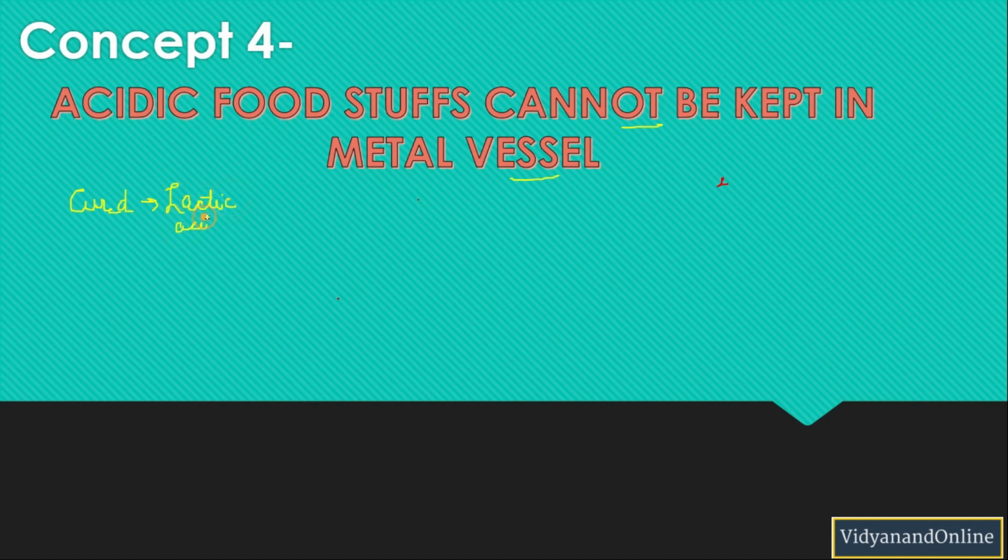Now this lactic acid can react with the metal vessel, and that metal vessel can be anything. It could be a copper vessel or a bronze or a brass one, and on reacting with that metal, it can form a very poisonous compound which is injurious to health and cannot be taken, right? That is why we will never keep any organic acidic substance in a metallic vessel.